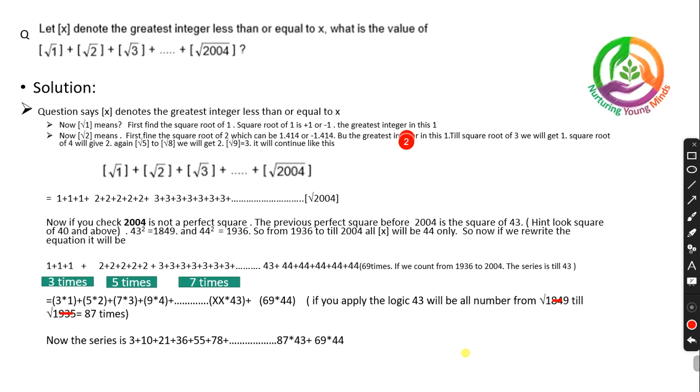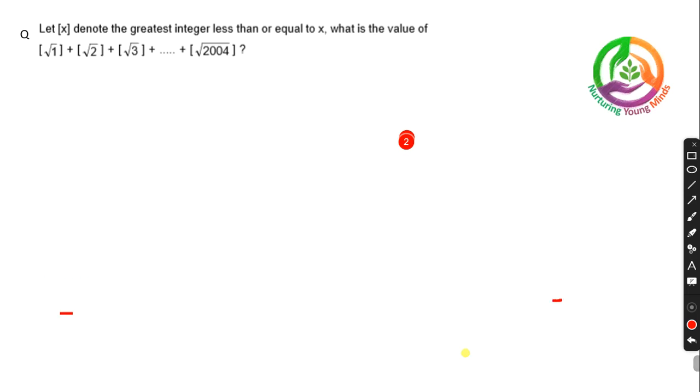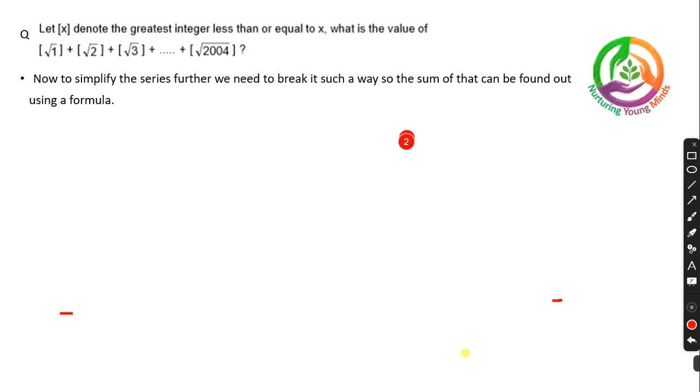Now let us try to see how we can find the sum of these numbers. Okay, so now let us try to simplify the series, because we have to find a way to break it in such a way that the sum of the series can be calculated by using a formula. Okay, so that makes it easier for us.